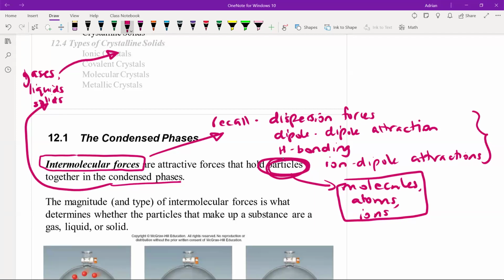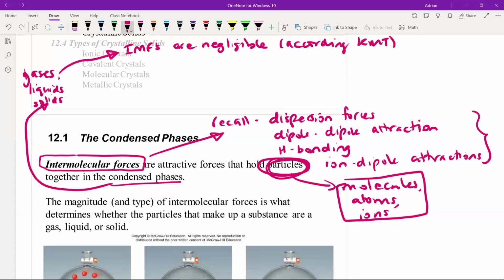And if you remember from the kinetic molecular theory, for our gases, the intermolecular forces, IMFs, really don't play a significant role between the particles of a gas, so we can say they are negligible. And this is according to the kinetic molecular theory.